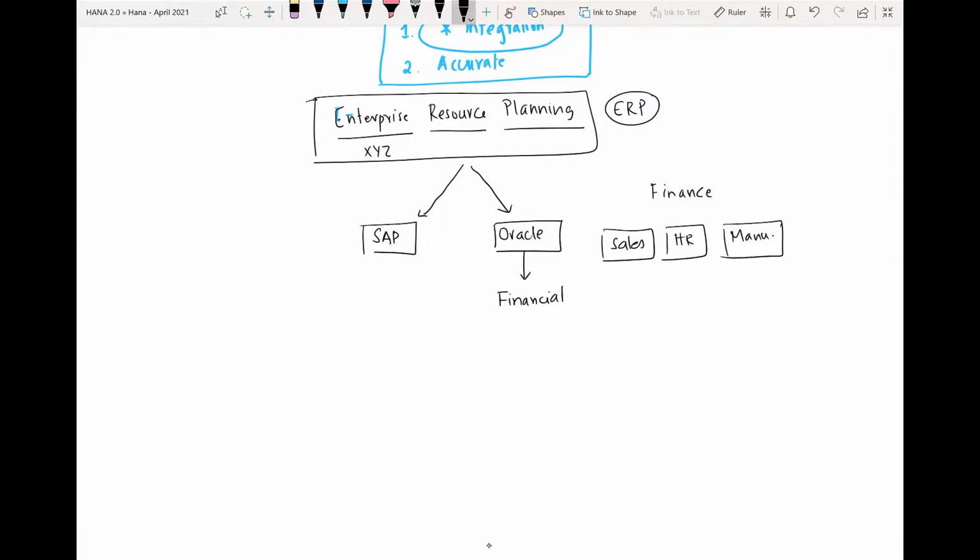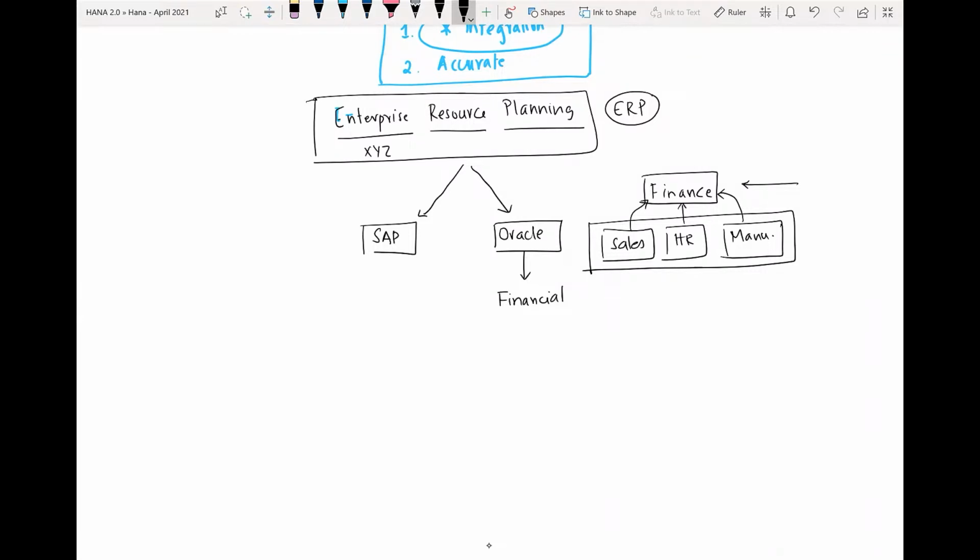Oracle said, what I'm going to do is focus on how each of the different departments within the organization are feeding data into my finance department. Their focus was how data gets fed into the finance department from different departments, and how effectively I can keep track of my other departments integrating with the finance department.